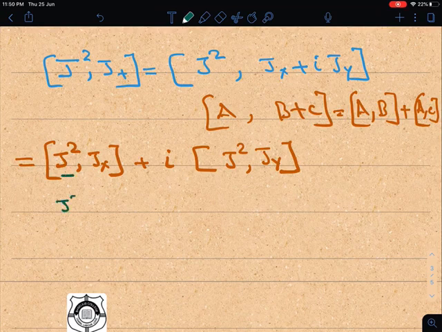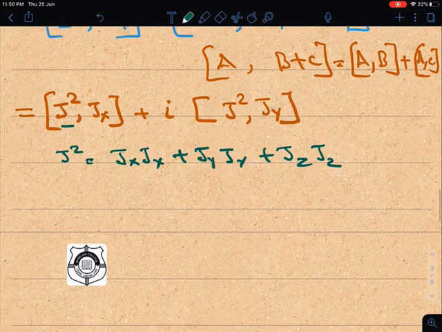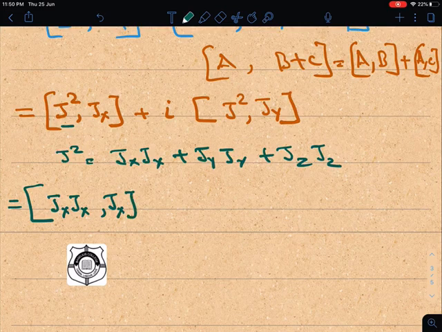Now substitute for J square, which is nothing but Jx square plus Jy square plus Jz square. So let's see how it will look. Jx square comma Jx. I'm just expanding it and writing it.